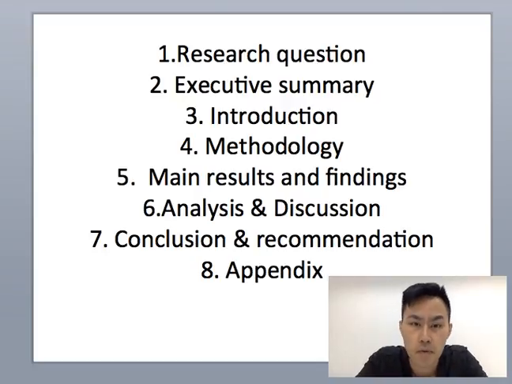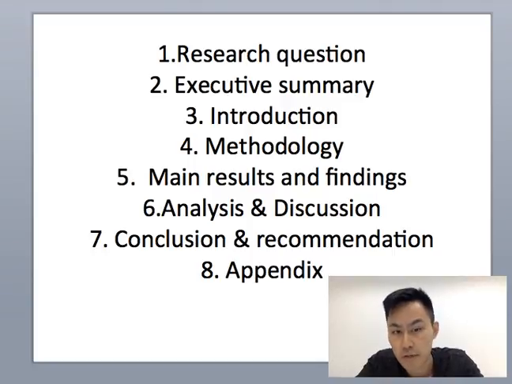But for HL, you need to find a local company that is legit, and then you need to interview the owners of the business. So for SL, you can base it on secondary research, because they are listed companies and you can search the data online. But for HL IA, you can only find a local company. That's the difference.